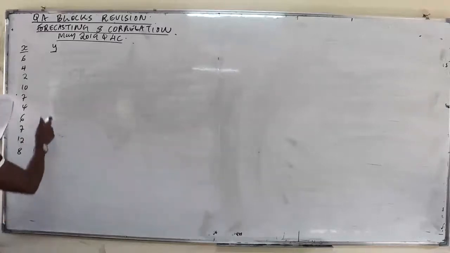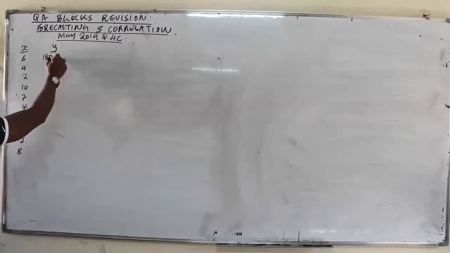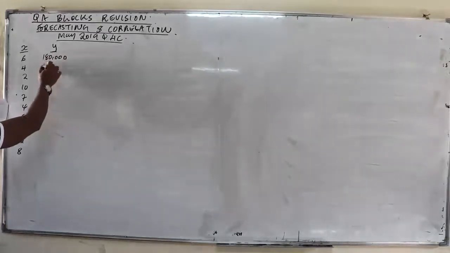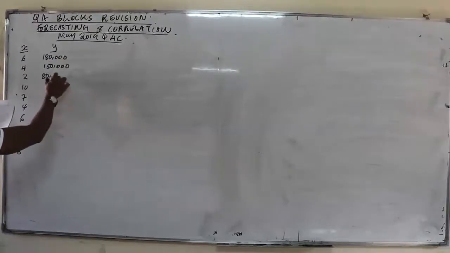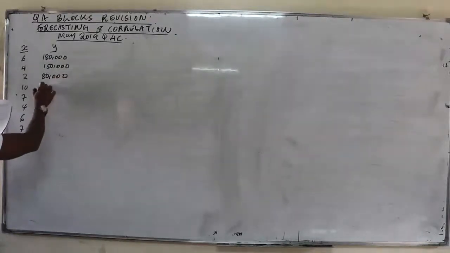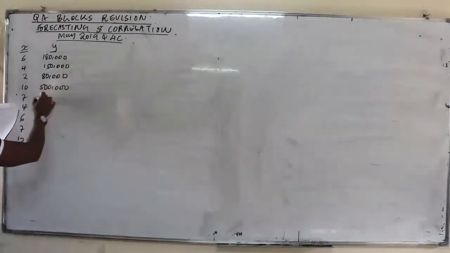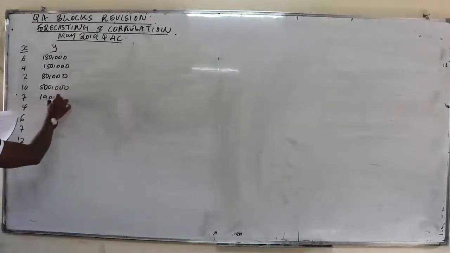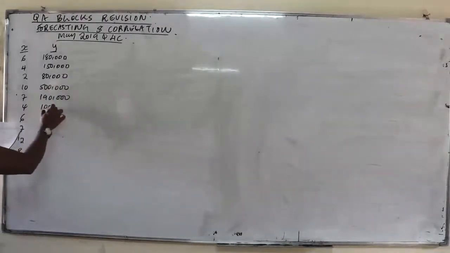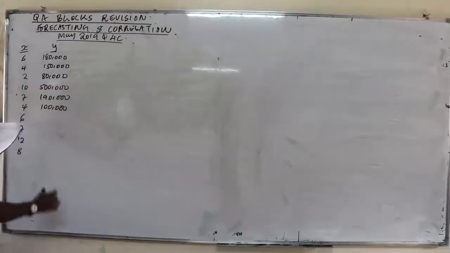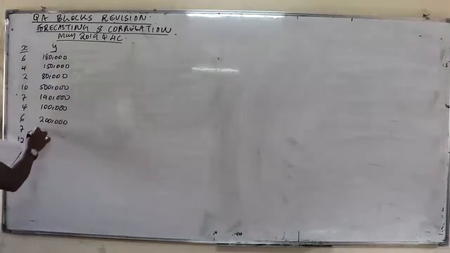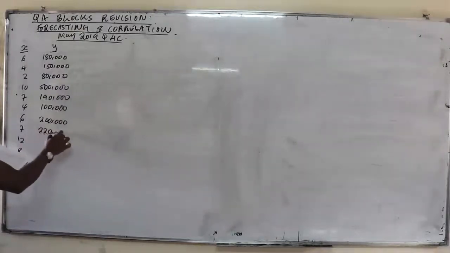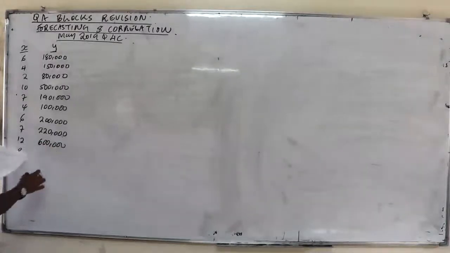And then we have Y: 180,000, 150,000, 80, 500, 90, 100, 200, 220, 600, and 200.